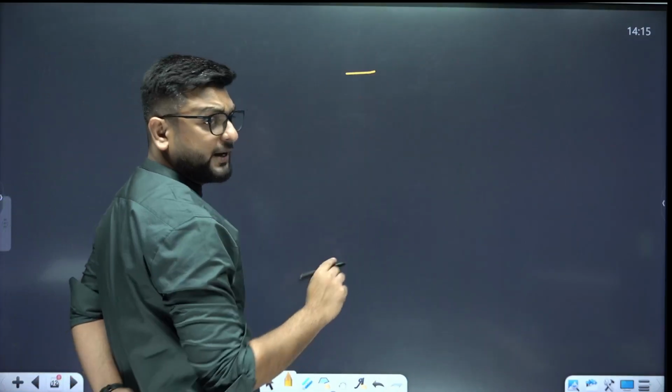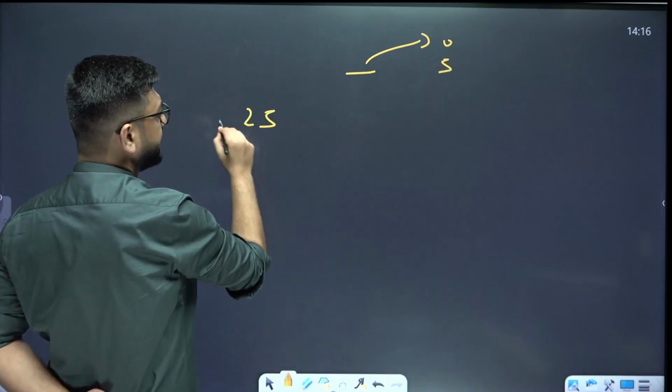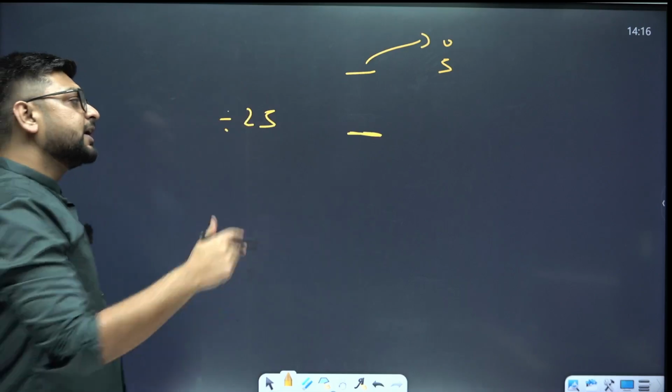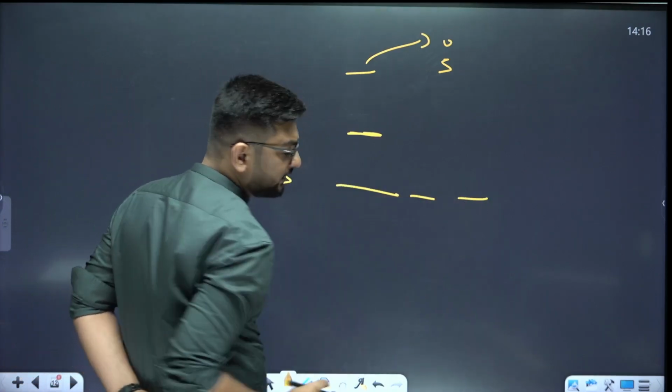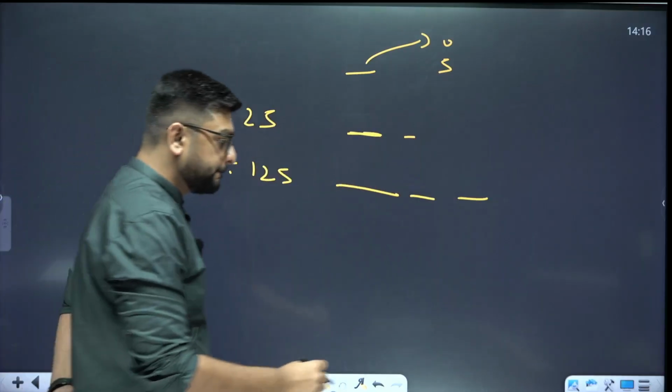The unit digit should be either 0 or 5. For divisibility of 25, the last 2 digits must be divisible by 25. And for divisibility of 125, the last 3 digits. Clear?